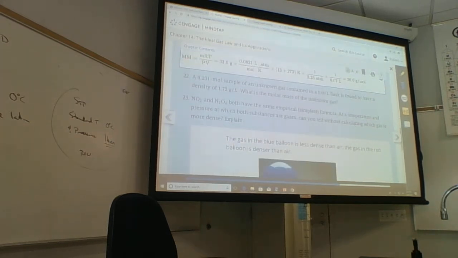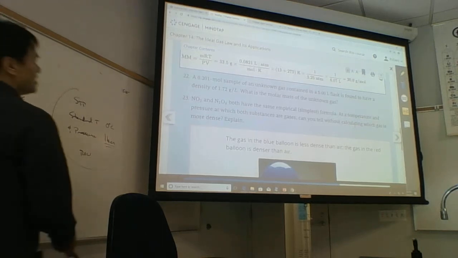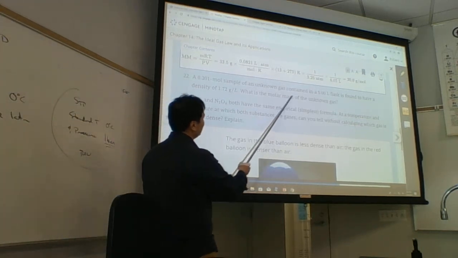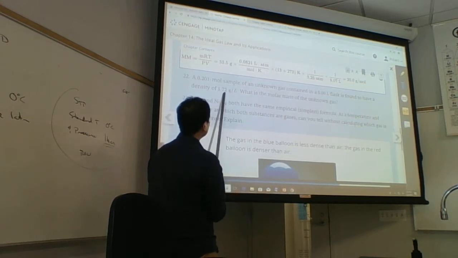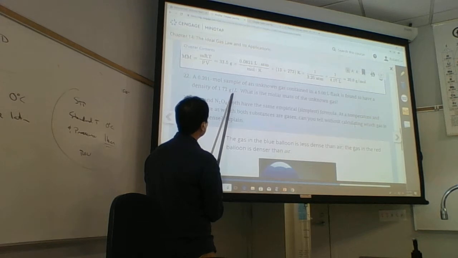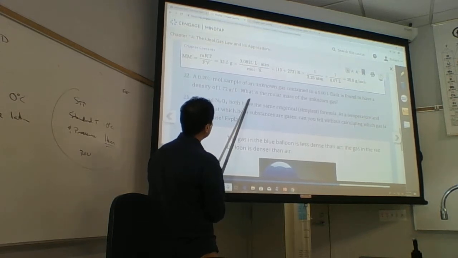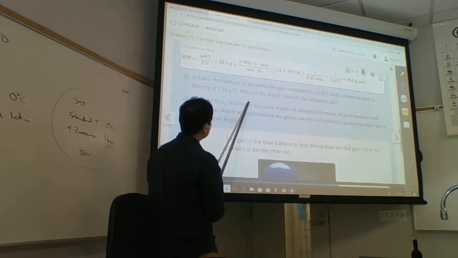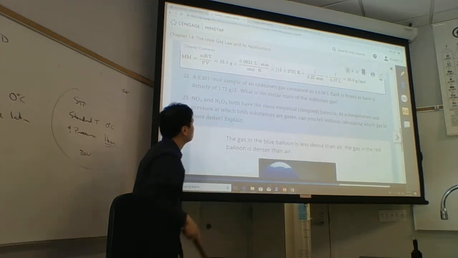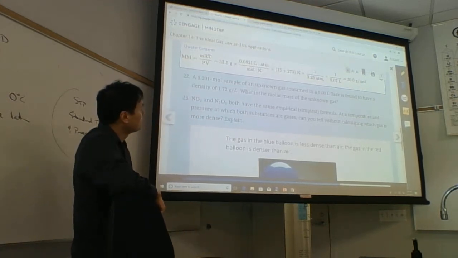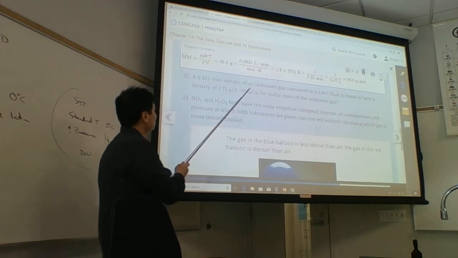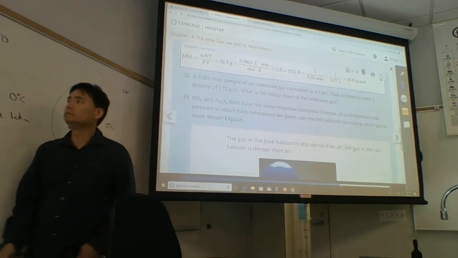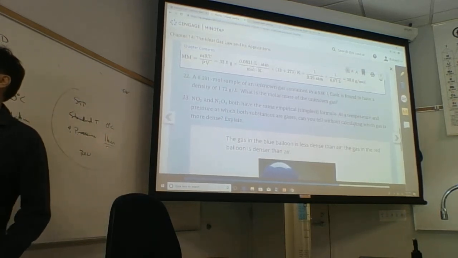A 2.01 mole sample of an unknown gas contained in a 5.00 liter flask is found to have a density of 1.72 grams per liter. What is the molar mass of the unknown gas? Well, we have the density here.